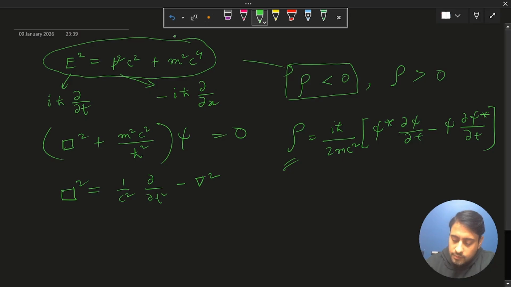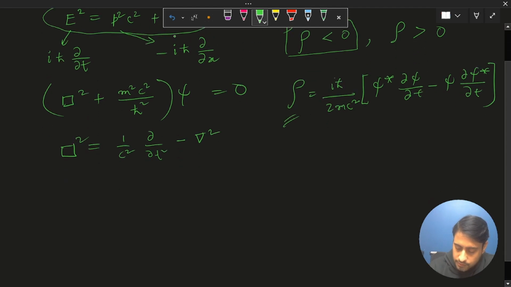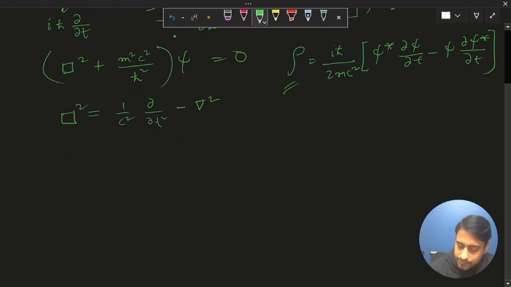A similar kind of thing we needed here, but the Klein-Gordon equation was failing to do so. So one of the great contributions from Dirac is converting this equation, E squared equals p squared c squared plus m squared c to the power 4.